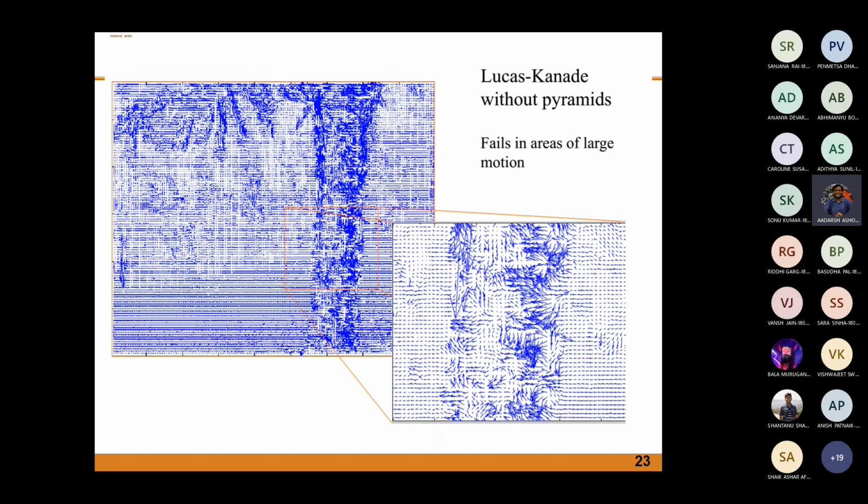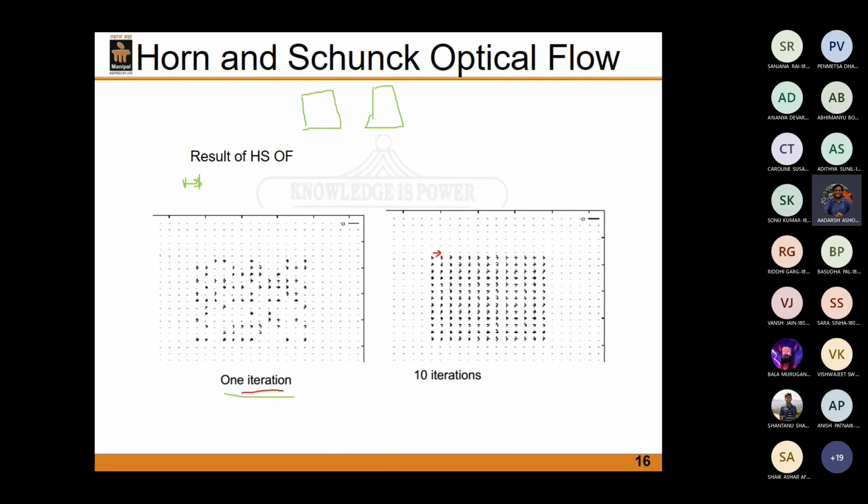Now what we see here is an example of using the Lucas Kanade optimization algorithm, which we have just seen. Let me see if I'm able to find that.